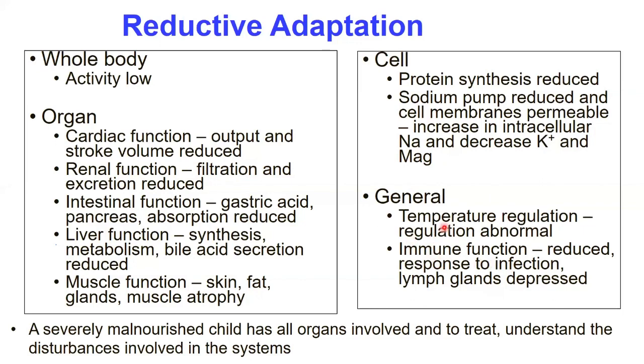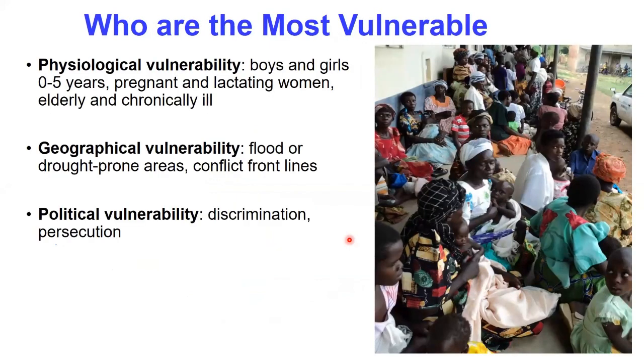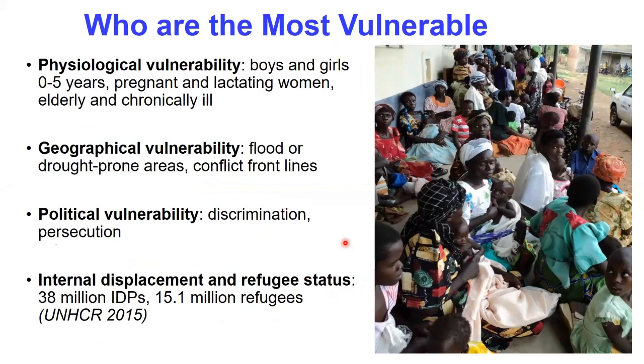That's why we generally treat all severely malnourished children with antibiotics, with the presumption that they already have infection. So all organs and systems are involved. Even when we are treating and managing them, we are cautious. We move slowly, starting with mainly what we call formula 75, where the calories are still low, so that we don't overwhelm the body.